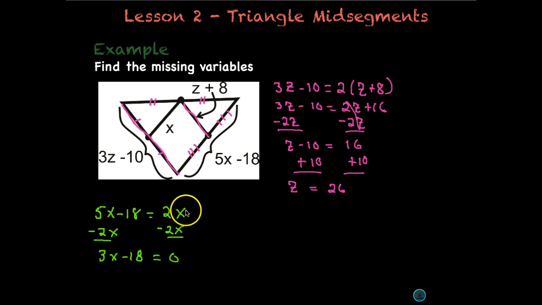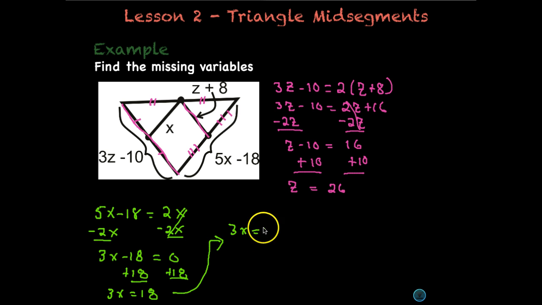And right now I have 0 on the right side, so I'm going to move the 18 over. And I get 3x is equal to 18. If I want to solve for x, my last step would be to divide by 3. 3 divided by 3 is 1, or 1x, and 18 divided by 3 is just 6.